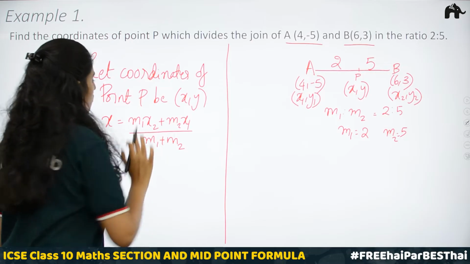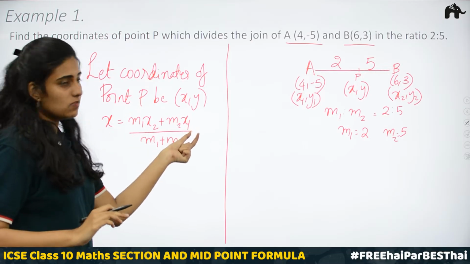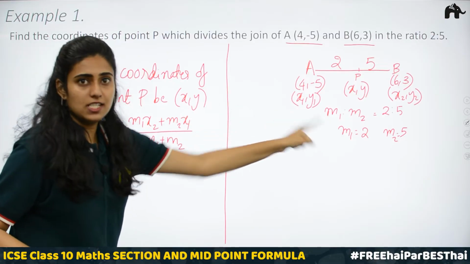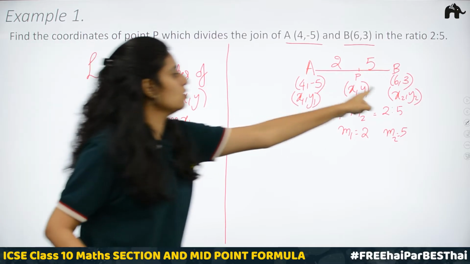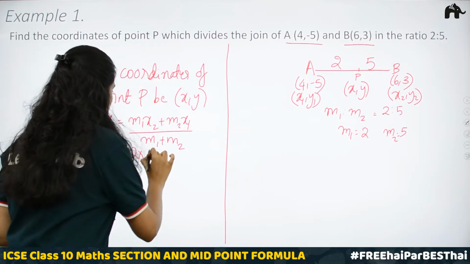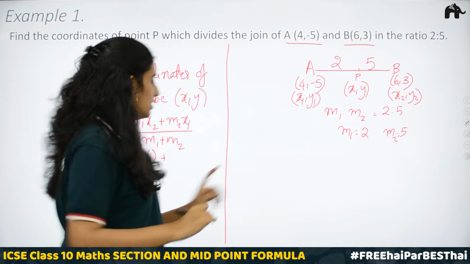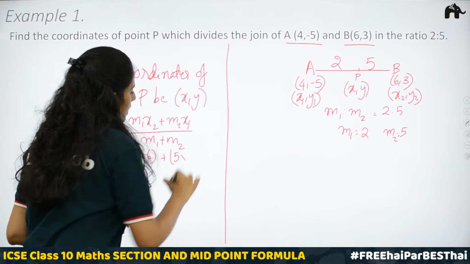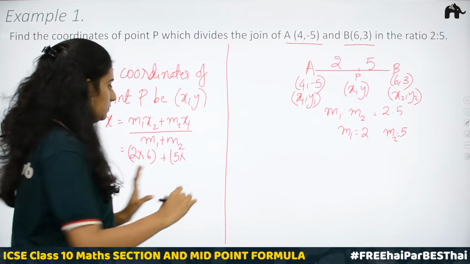Now what are the values of m1, x2 and x1? We know these values. m1 is equal to 2, 2 into x2, here x2 is equal to 6, 2 into 6 plus m2, m2 is 5, 5 into x1, x1 is equal to 4.